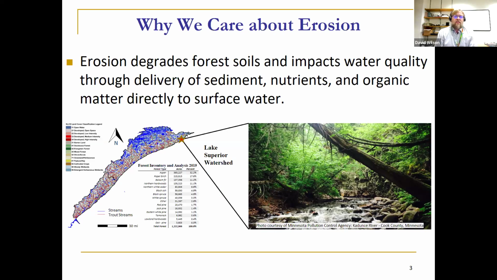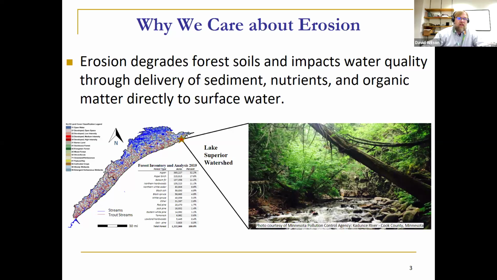All right, let's dive right in and talk about why we care about erosion. And really it's pretty straightforward. When I was thinking about this, putting this slide together, really there's one statement that covers it, and it's just that erosion degrades forest soils and impacts water quality through delivery of sediment, nutrients, and organic matter directly to surface water. That has effects on the qualities of the water for wildlife, for fish.